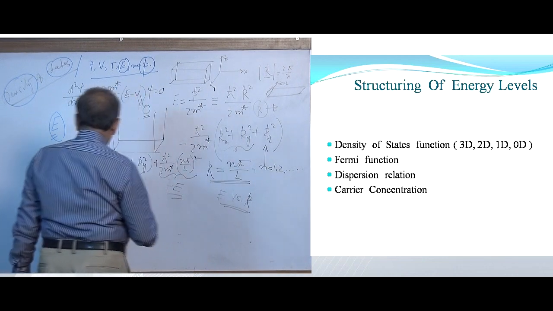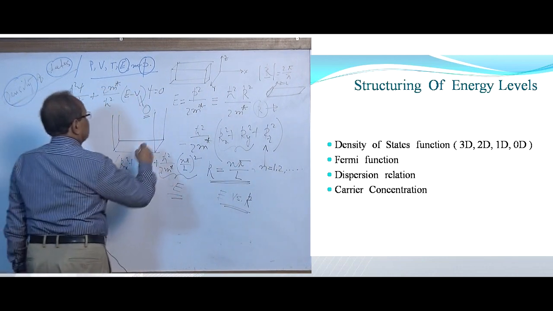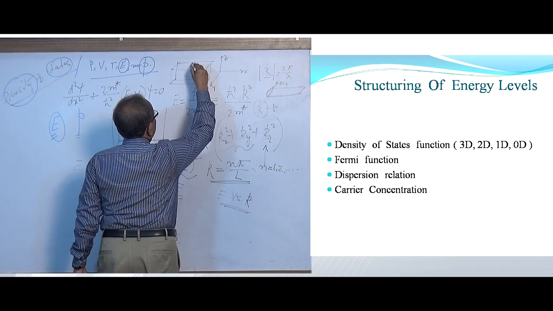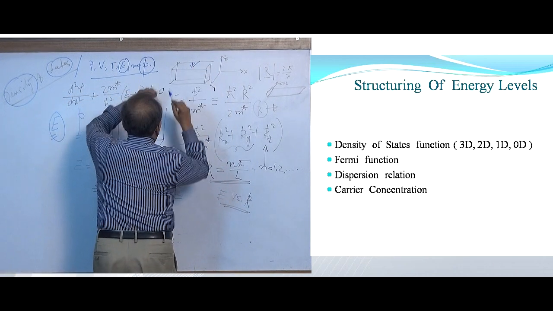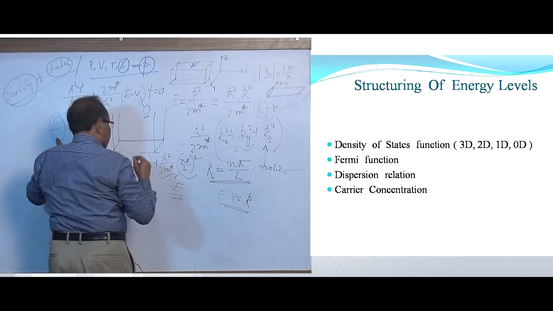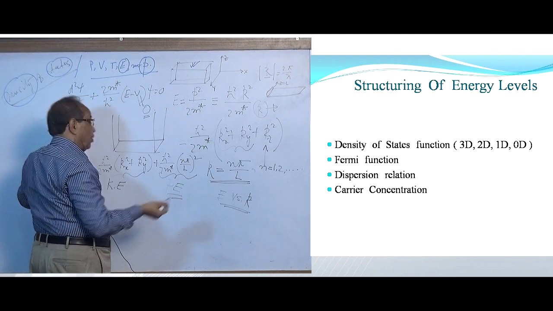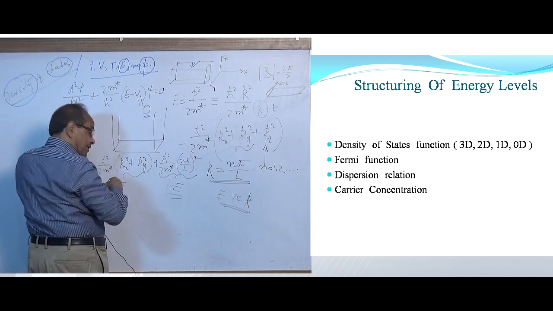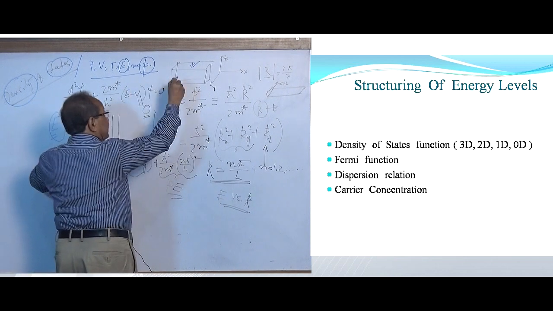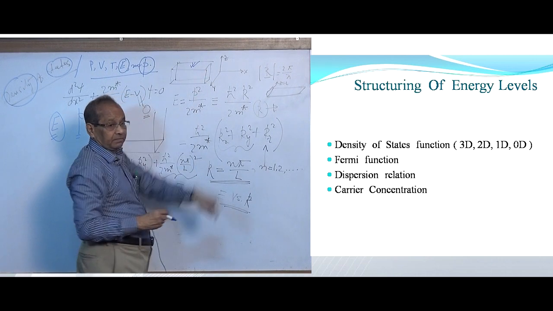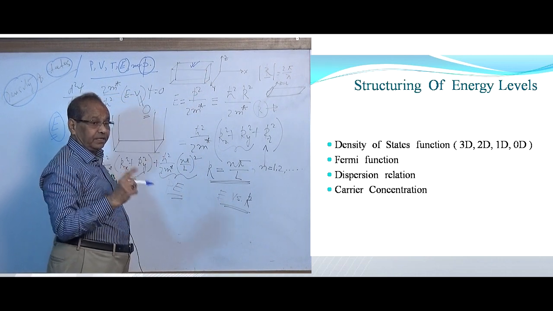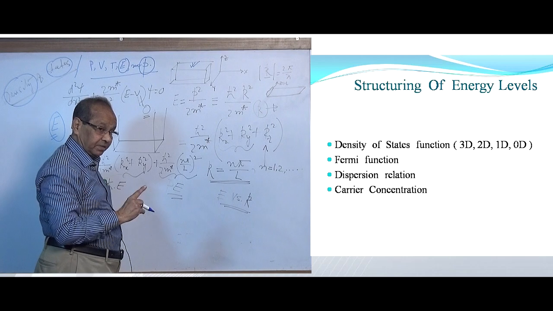So suppose this is my nanomaterial. How many energy states, or if you take momentum states, how many momentum states are there in unit volume of this specimen, unit physical volume of this specimen.